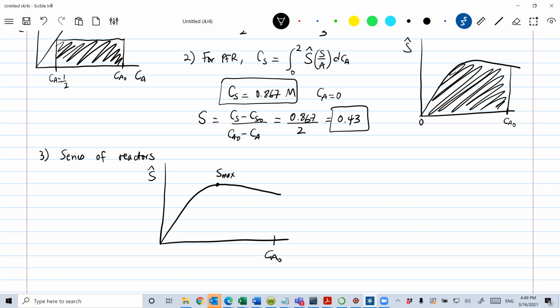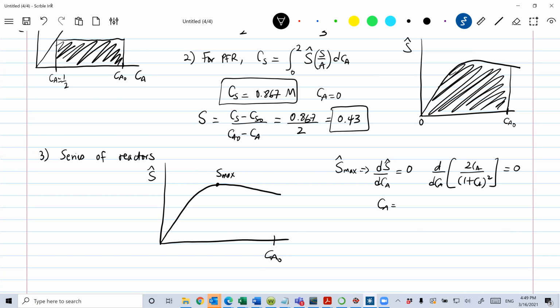So you can find S max by equating the derivative of the instantaneous selectivity to 0. If you do that, it's taking the derivative of 2CA over 1 plus CA squared, equals 0.